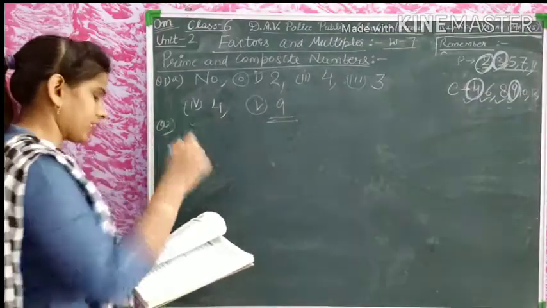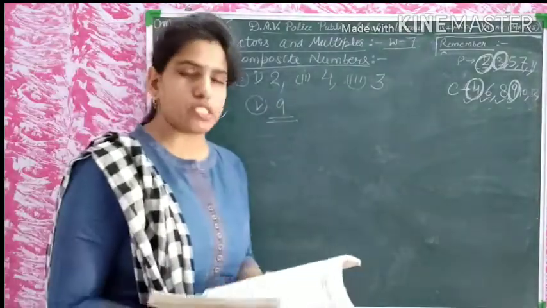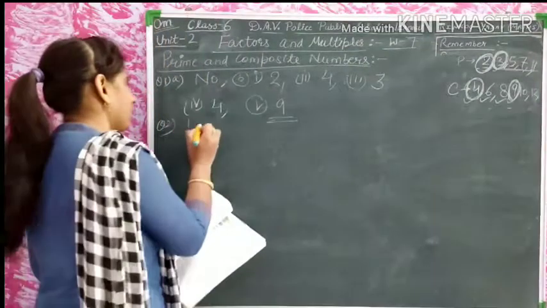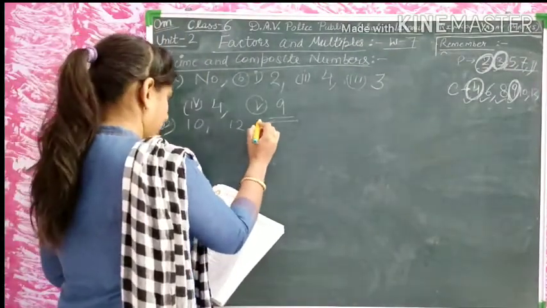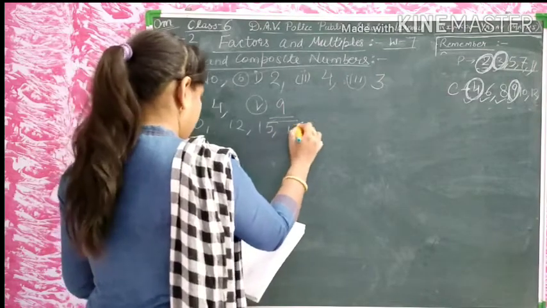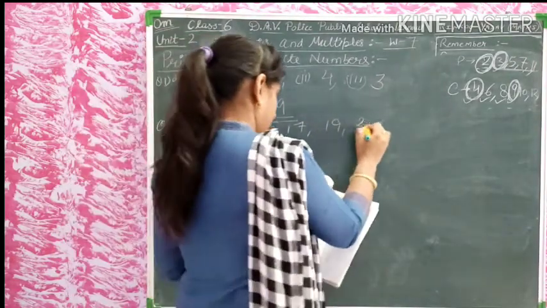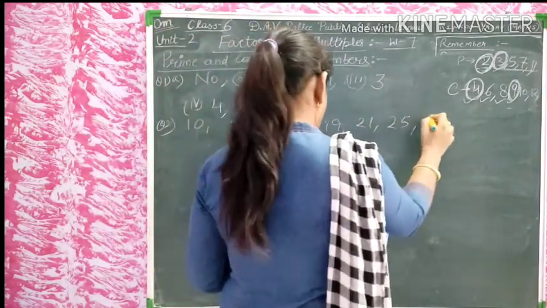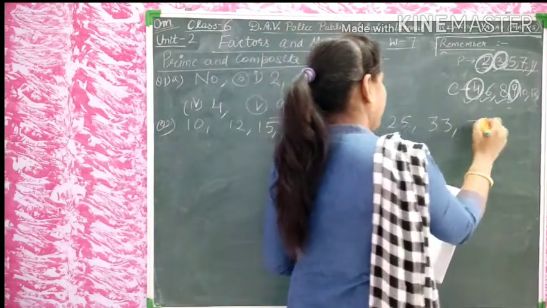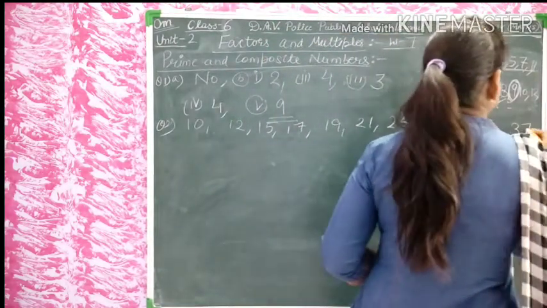In the second question, which of the following are prime numbers? 12, 15, 17, 19, 21, 25, 33, 35, 37.